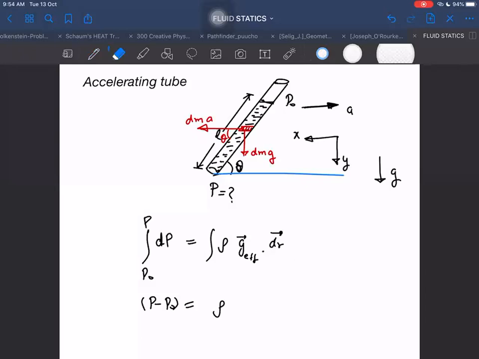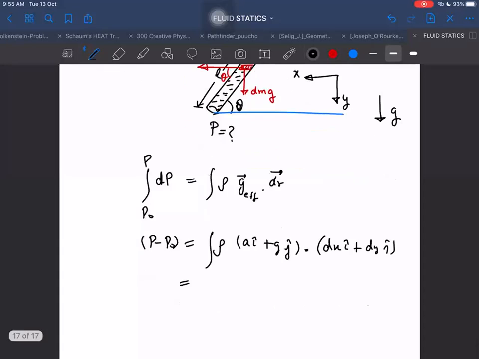G effective is becoming A i cap plus G j cap. A i cap plus G j cap, yes, sir. Only plus. What is dP? Rho into A into dx plus rho into G into dy.